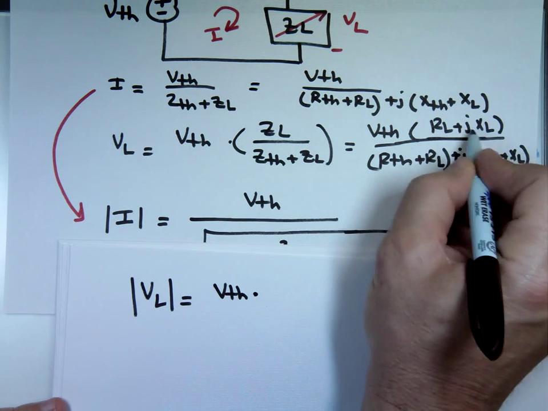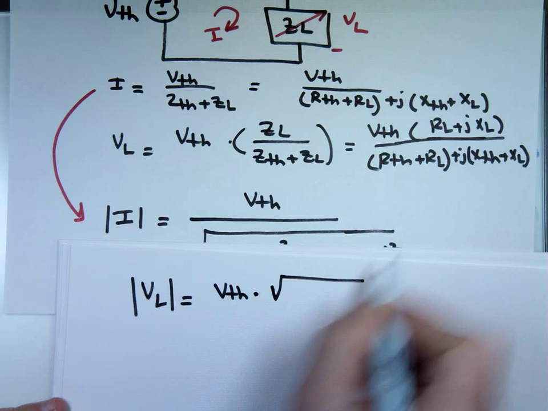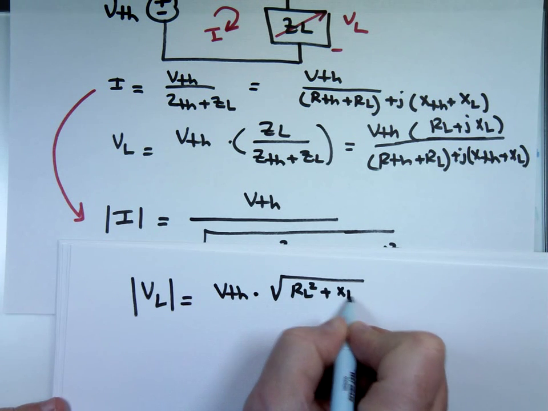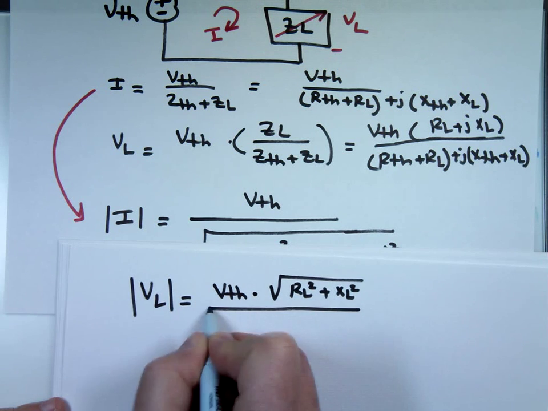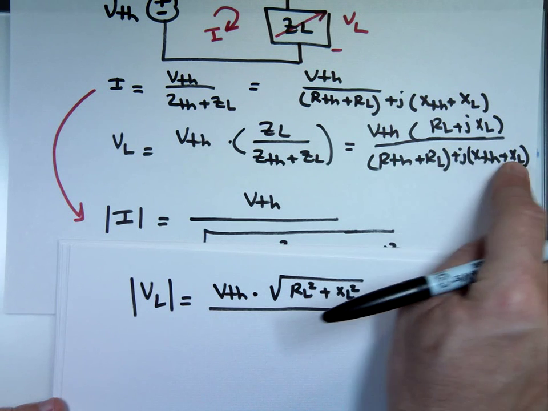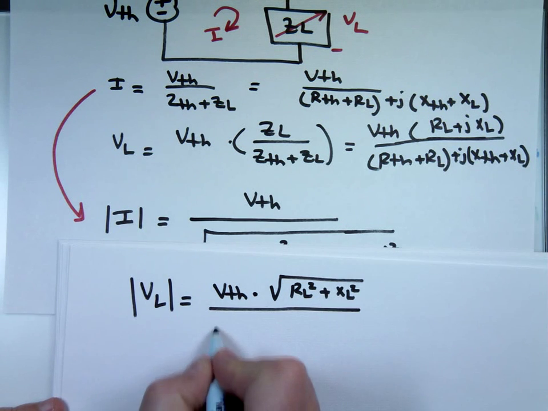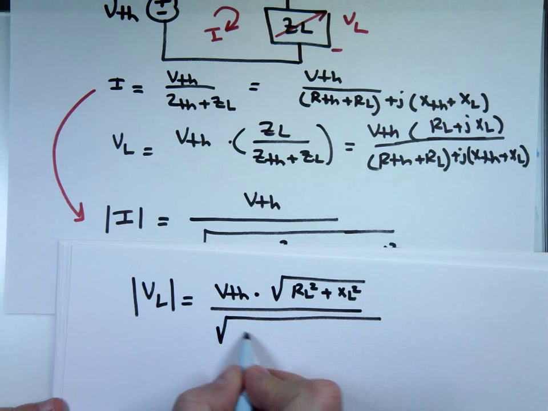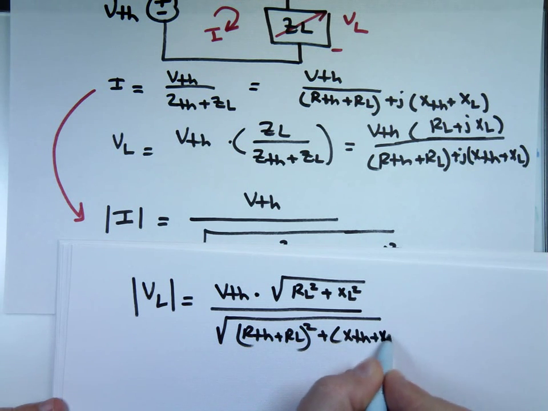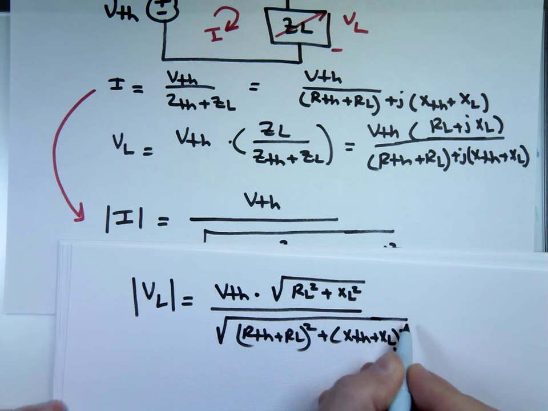It's the square root of the real portion squared plus the imaginary portion squared. It's always the real squared, the imaginary squared. This one, the real squared, the imaginary squared. That's the magnitude of that.